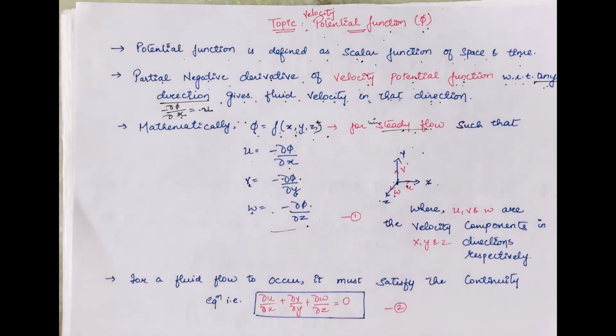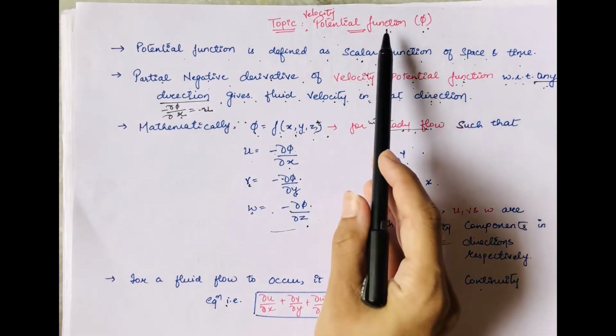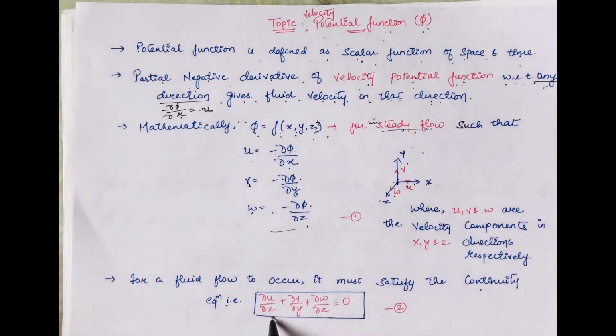Okay. Now for a fluid flow to occur, again it must satisfy which equation? The continuity equation. And as this function is applicable to all 3 directions, we will take the entire equation as del u by del x plus del v by del y plus del w by del z is equal to 0. Okay.